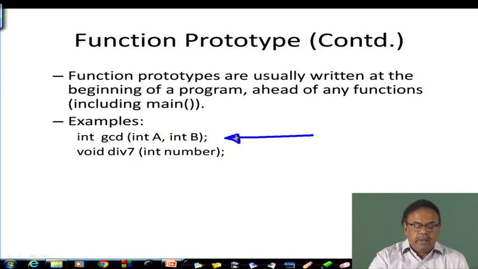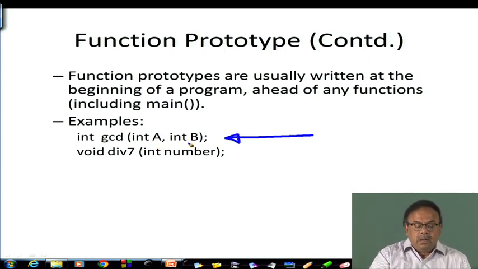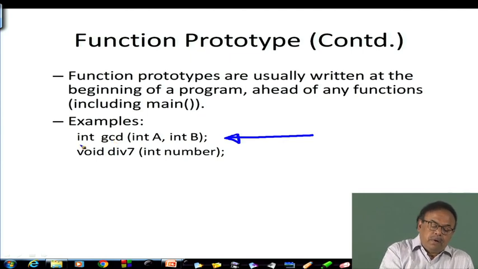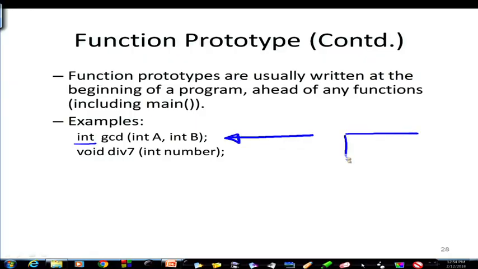Okay. So, A and B are the parameters and GCD is a function of return type int. So, just by this prototype, I know the basic interface, whatever is the body of GCD, I know its input output.